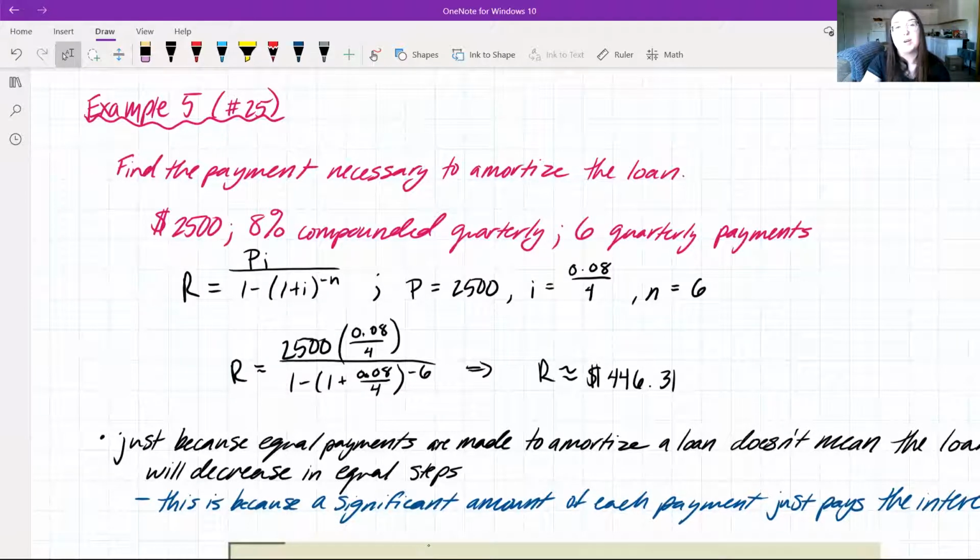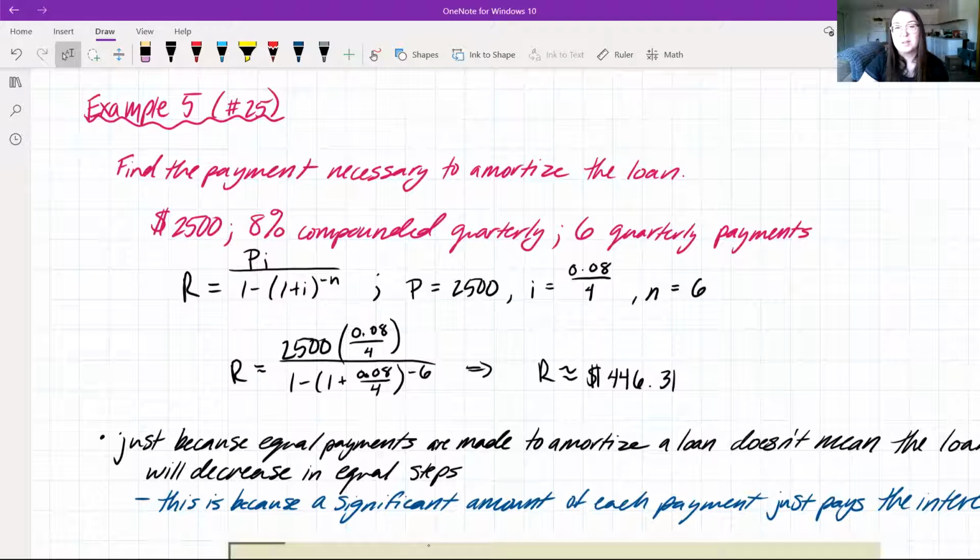So we're paying off our principal and we're also paying off our interest. That's why it's not $250. Why it's not going to split equally among 6.